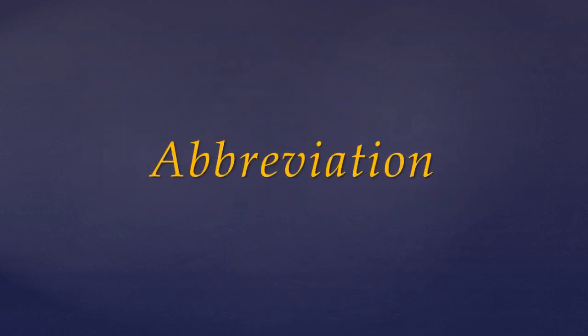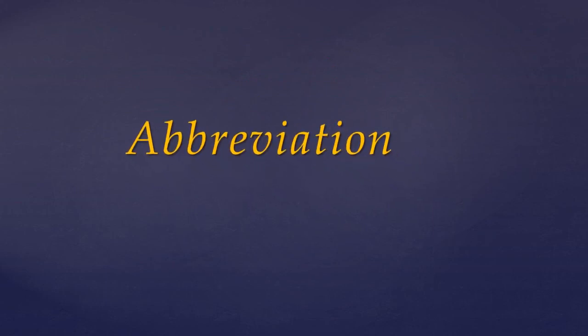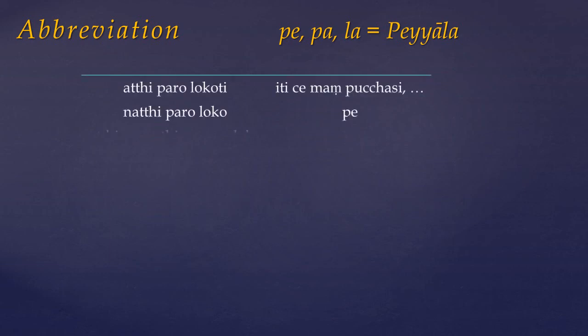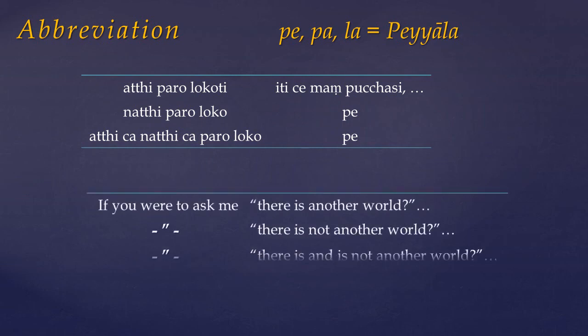And so we come to the final brief section that Warder entitles Abbreviation. Here the particles pe, pa, or la are all abbreviations of peyyāla, which simply means ditto or etc. Because the canonical texts are highly repetitive, when there are only minor changes between one passage and the next, pe is used to indicate that a passage has to be repeated, but with the following words substituted.